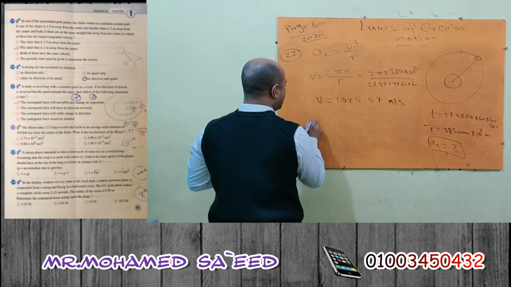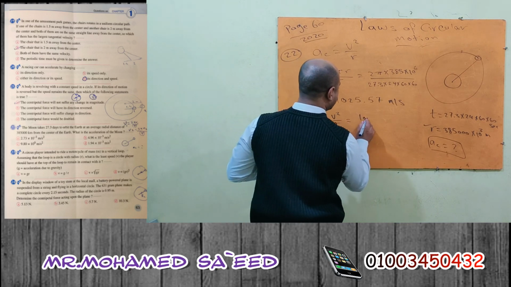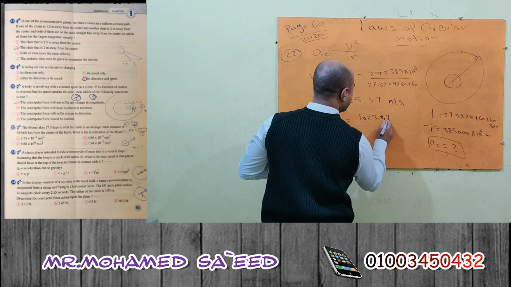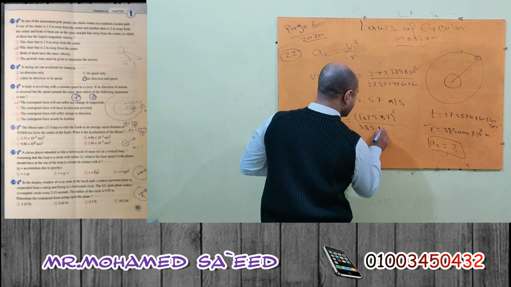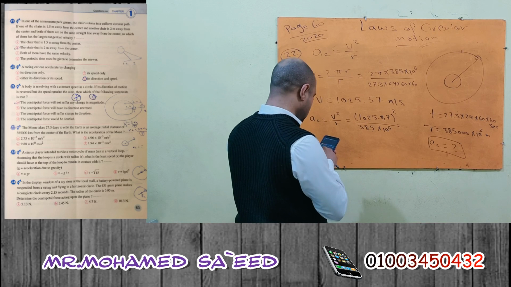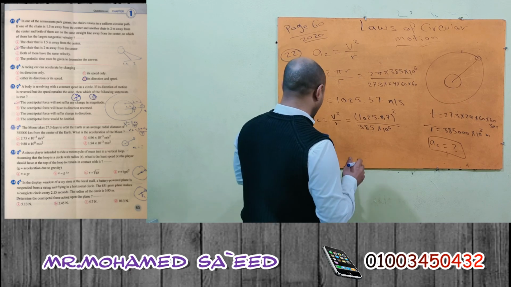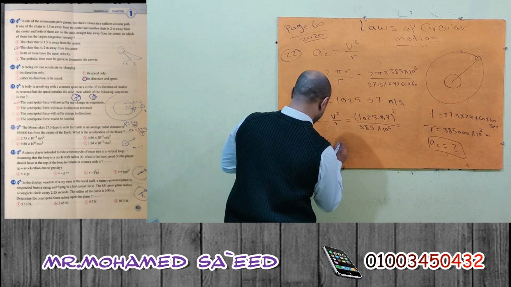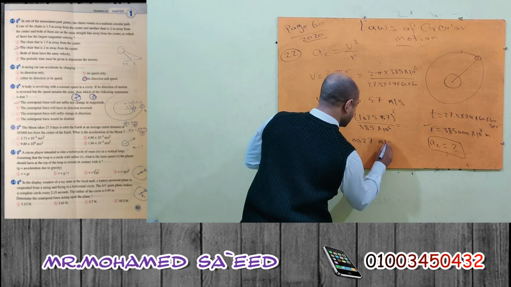So AC equals what? v squared over R, which equals 1025.57 squared over 385 times 10 to the power 6, which equals 0.0027 meters per second squared.